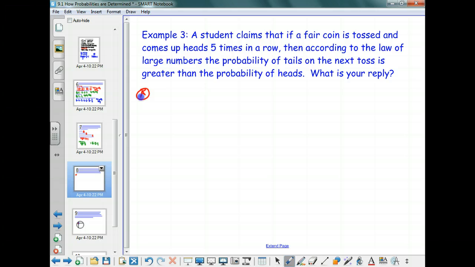Okay, so let me make the first comment you said: each roll is equally likely to occur.